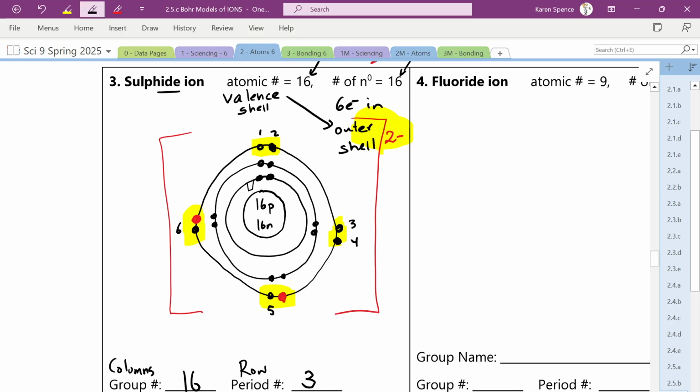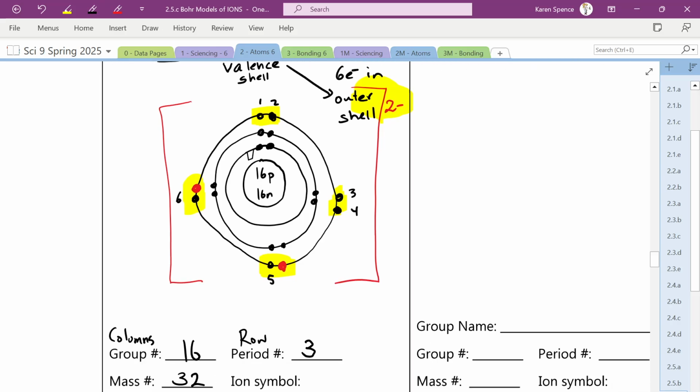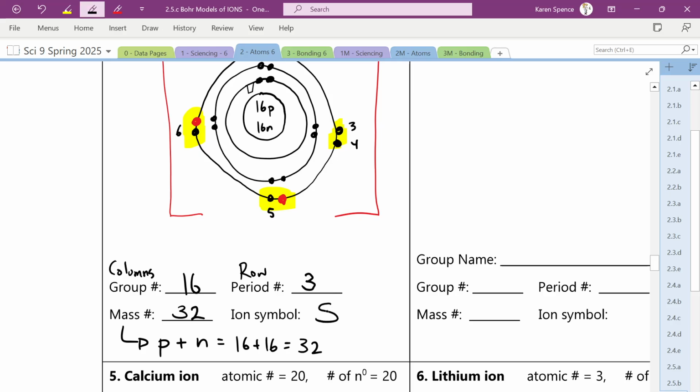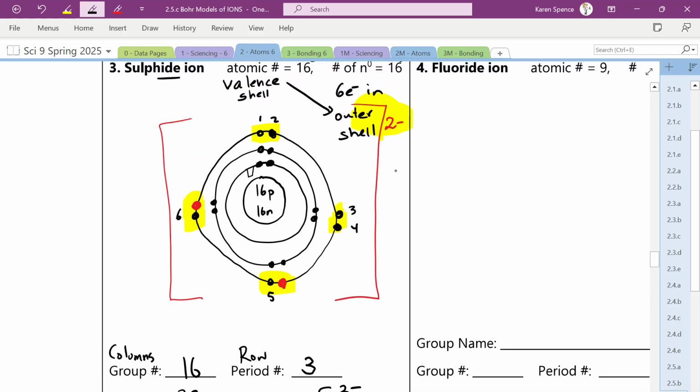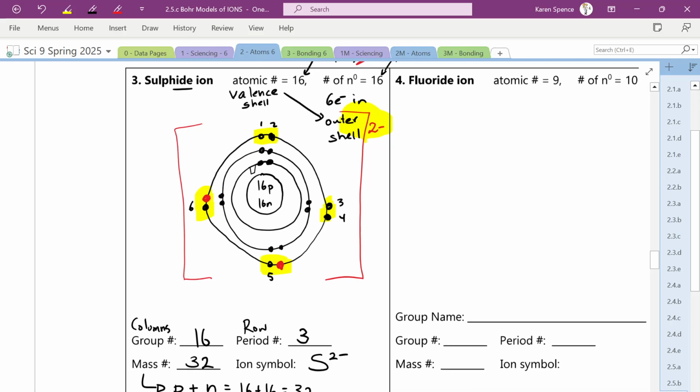It becomes known as sulfide. It's 2 minus, because it's got two extra electrons. And please feel free to stop me at any point if I did something and you're like, how did that happen? Okay.